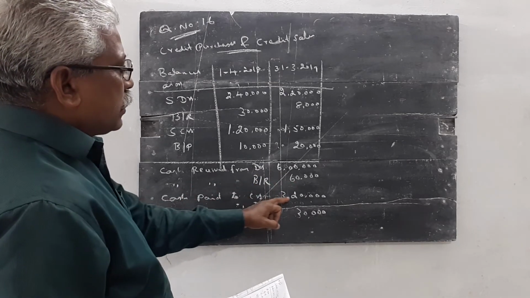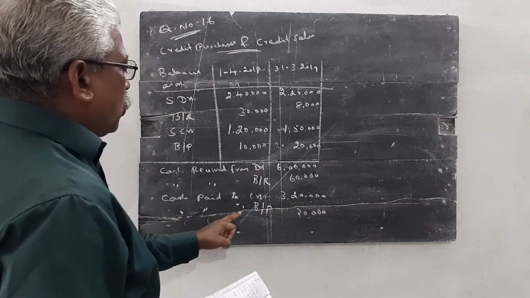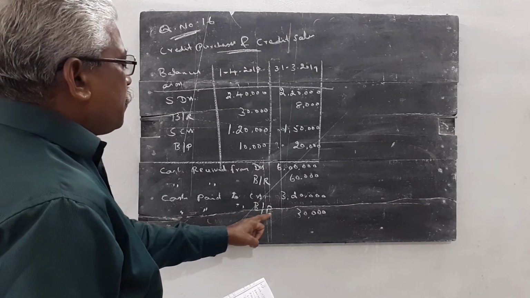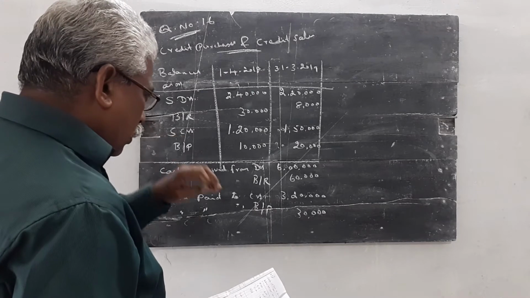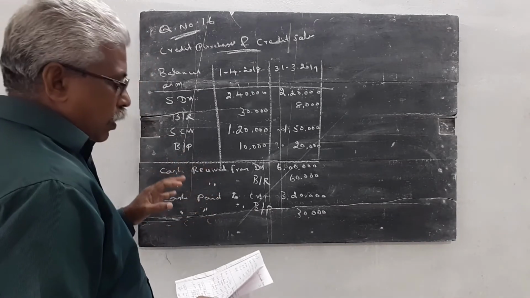Cash paid to creditors 3,20,000. Cash paid against bills payable 30,000. Then these are all the information given in the question.